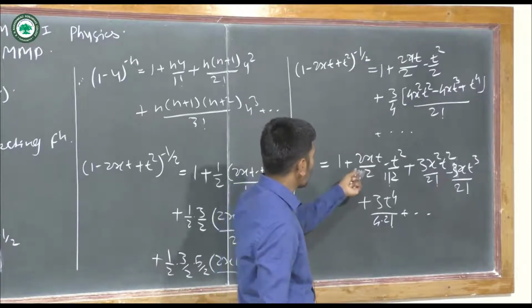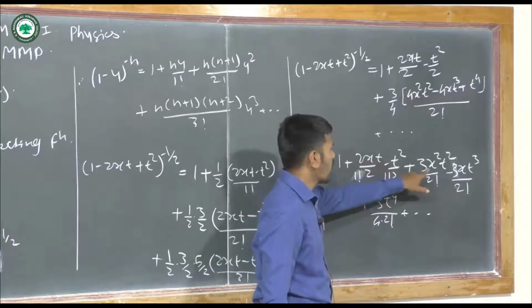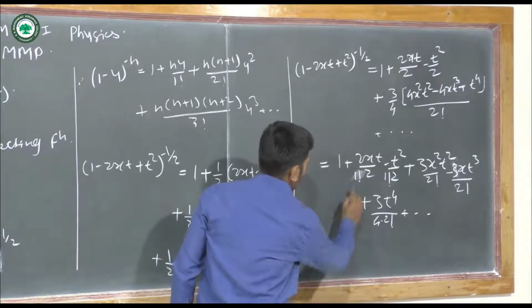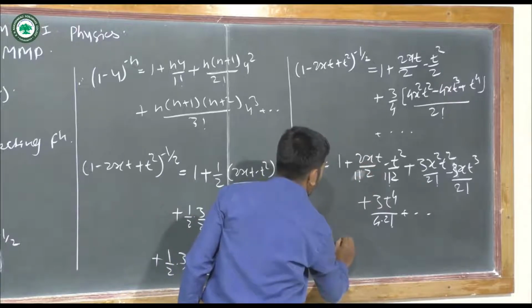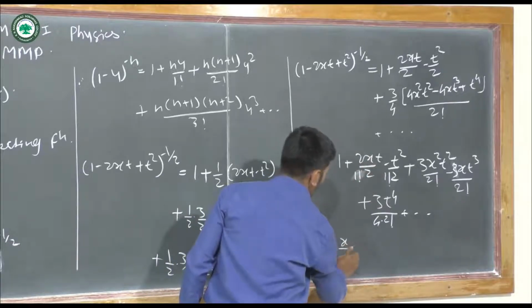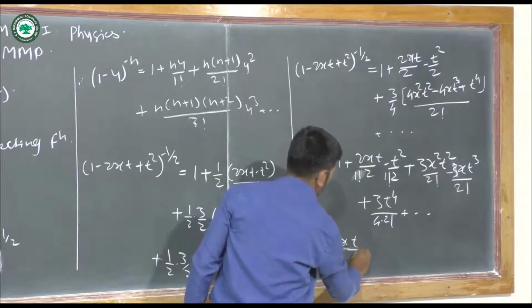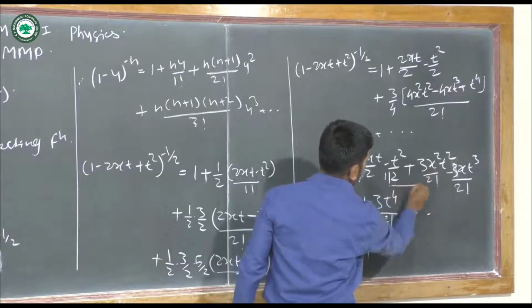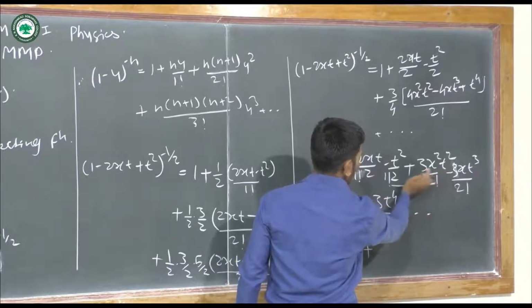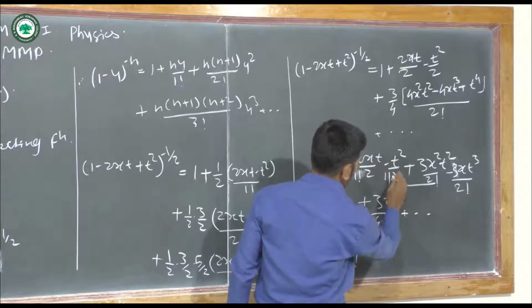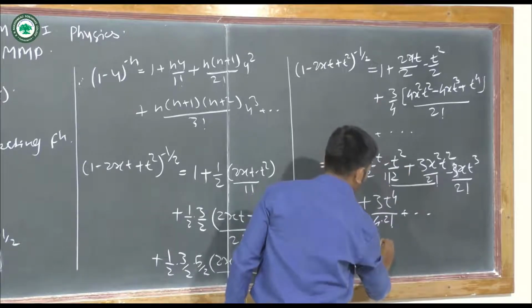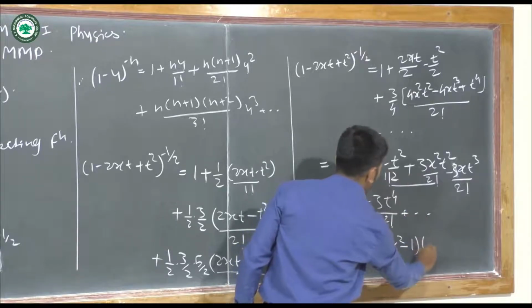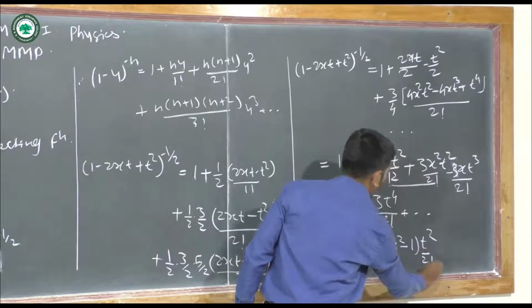Now if I take out the commons, that is like t square and t cube, so if I take out the commons, 1 plus 2 and this 2 will be cancelled, so it is x into t by 1 factorial, plus from these 2 terms we can take out the common, that is t square, so it is plus (3x square minus 1) t square divided by 2 factorials.